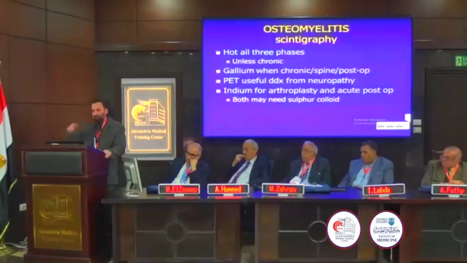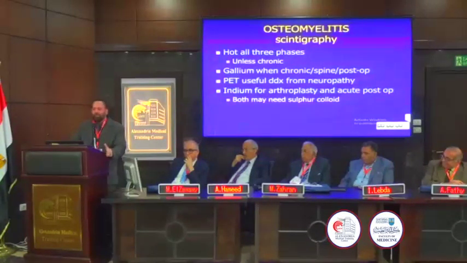Typical adults, hematogenous diaphyseal. Here's a cone down image where you see the permeative appearance of bone without a periosteal reaction. So radiography, late, adults permeative, later bone destruction, children, more lytic, more periosteal reaction.